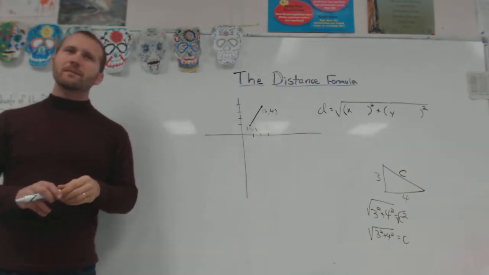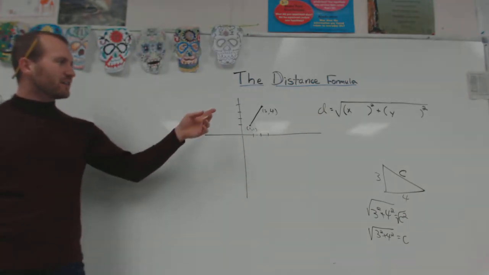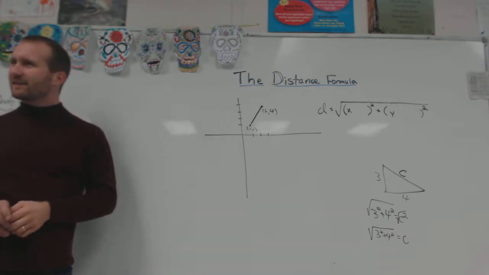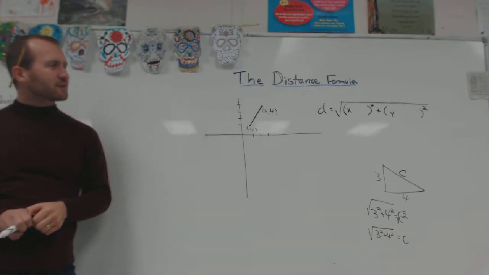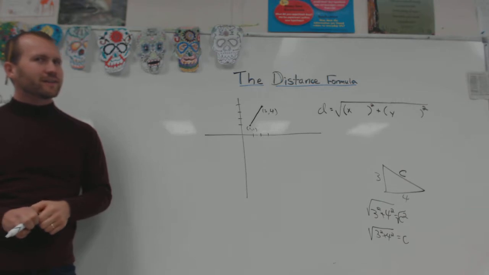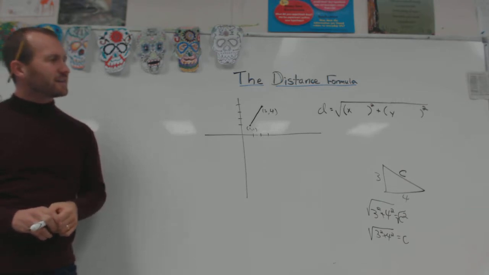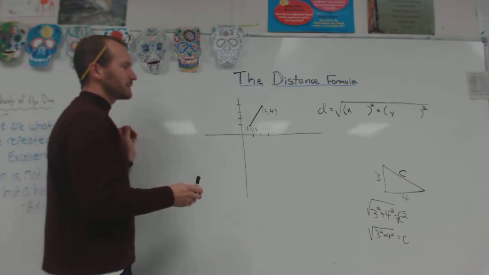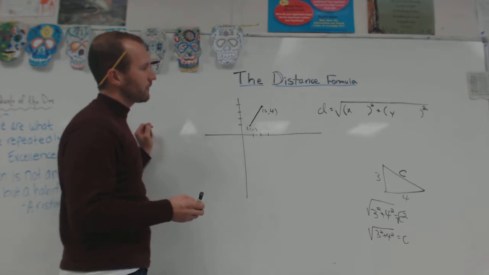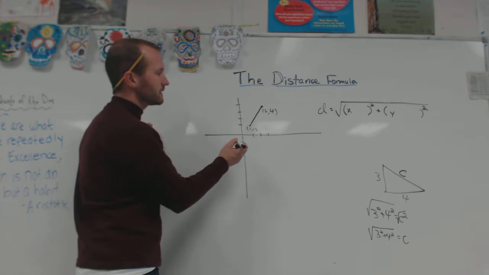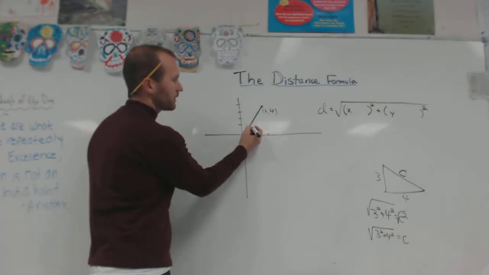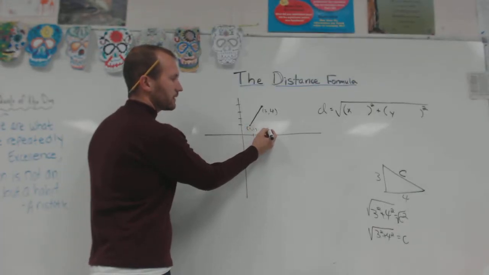So where do you think it might come from? Is there a triangle on here somewhere? Let's try to think about this. We know the distance from here to here, right?